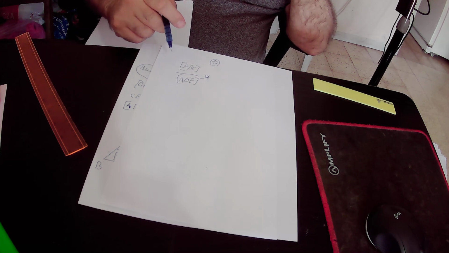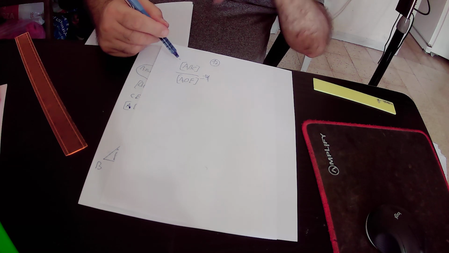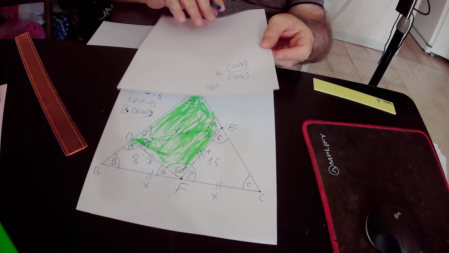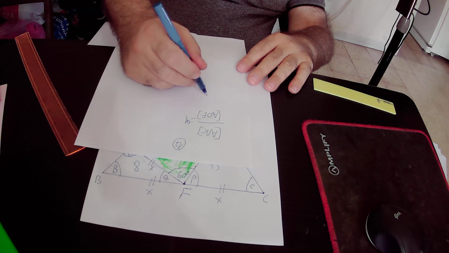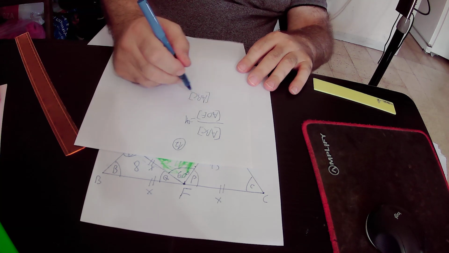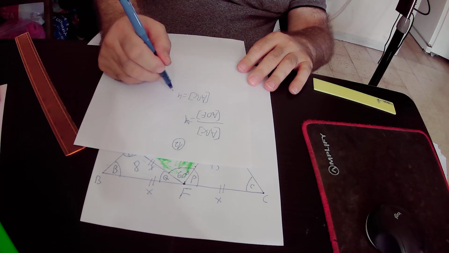If we multiply this equality by the area of triangle ADE, we will get that the area of triangle ABC equals 4 times the area of triangle ADE.